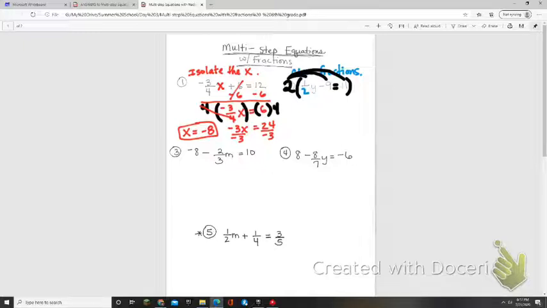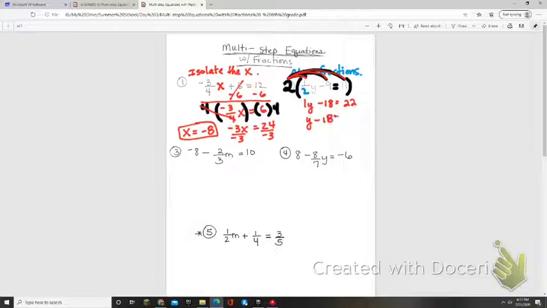And when we distribute, 2 times 1/2, the 2's cancel, and you're just left with 1y. You do not have to write the 1 in front of the y. It's the same thing as just y. So again, 2 times 1/2 is just 1. 2 times negative 9 is negative 18. And then equals 2 times 11, which is 22.